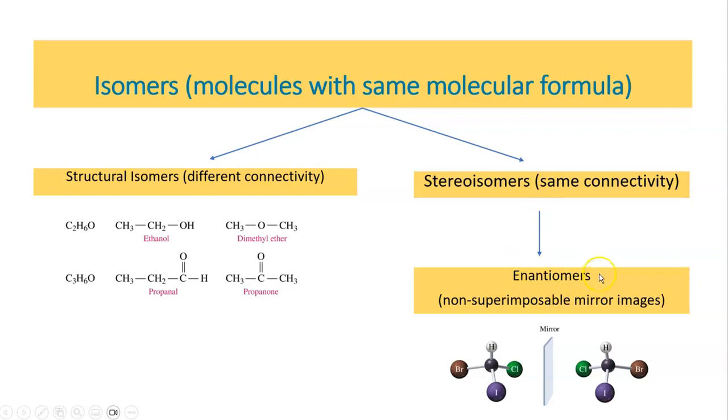Enantiomers are what we are interested in this chapter, and another name for enantiomers is non-superimposable mirror images. As I mentioned before, these chiral molecules have mirror images which are not superimposed with each other. So those are called enantiomers.